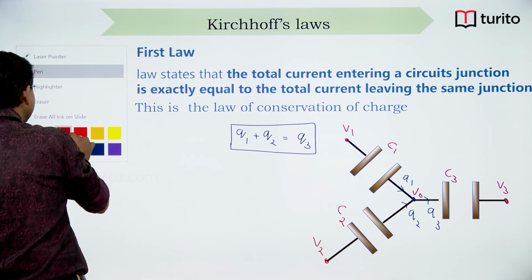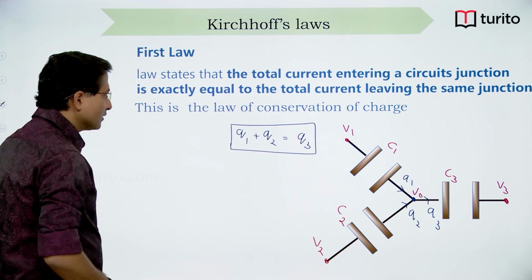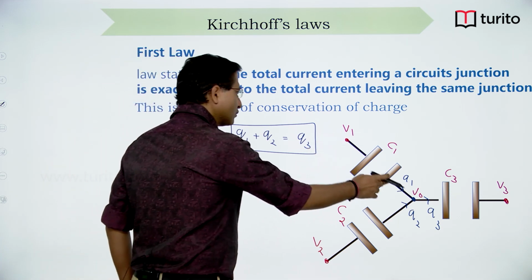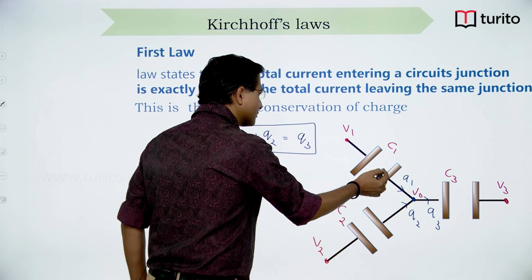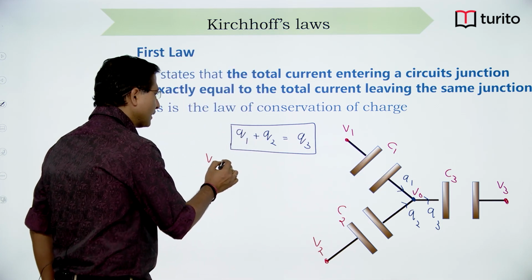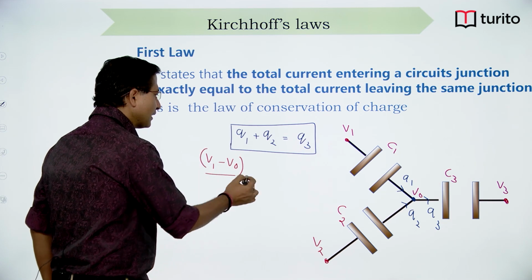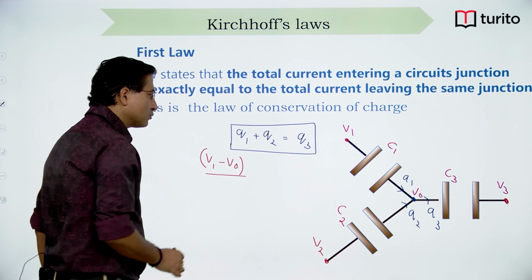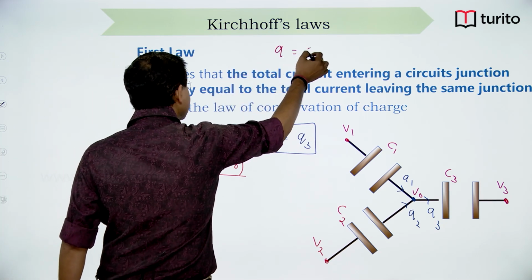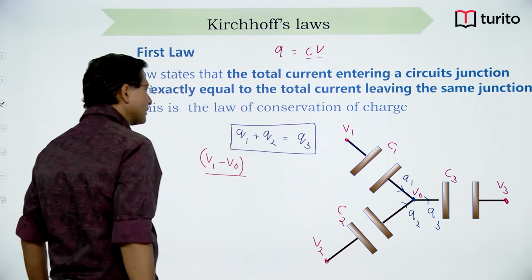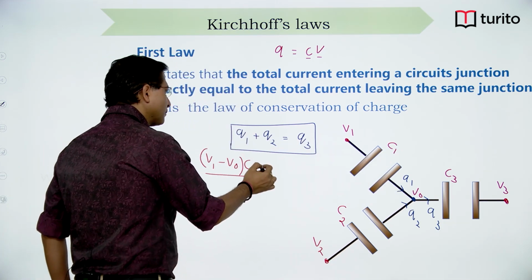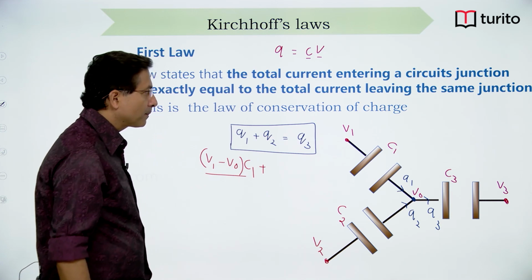I can also write it this way. See, Q1 I can write, this will be the positively charged plate, this will be the negatively charged plate. I am writing V1 minus V naught, and Q is equal to CV, right. So, I need to multiply the potential difference by the capacitance C1, plus the second term.